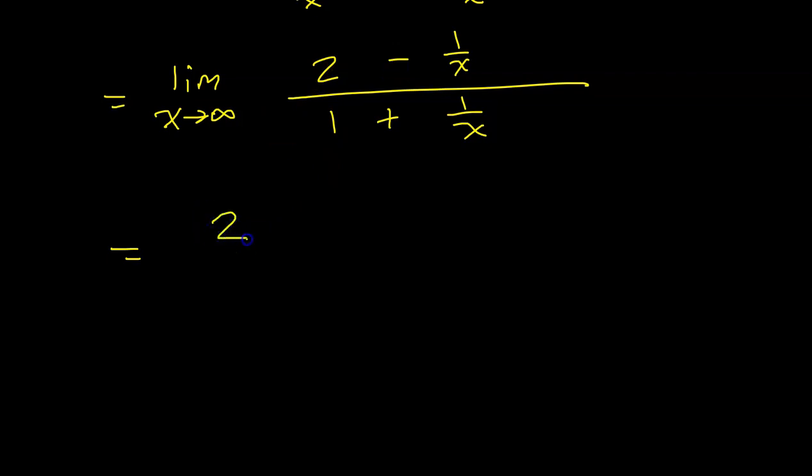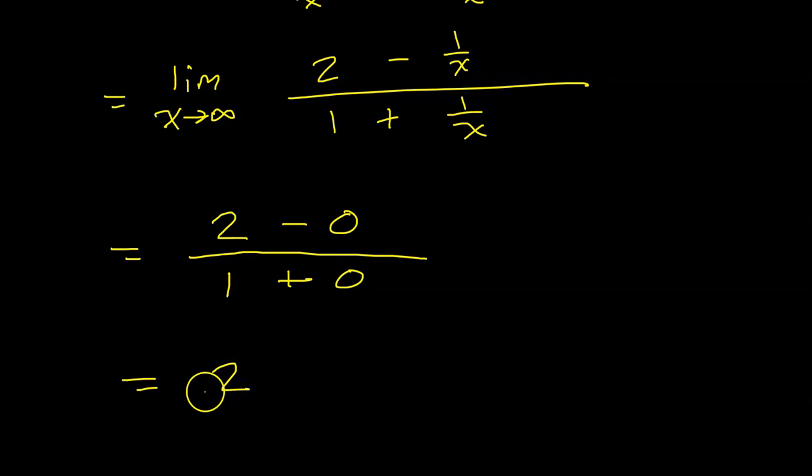And of course, the limit of a constant is just that constant. But the limit of 1 over x as x approaches infinity is 0. All right, remember, because if we're dividing by a larger and larger and larger number, the overall value gets smaller and smaller. So we're going to have 1 plus 0. So that's going to give us 2 over 1, which is simply 2.